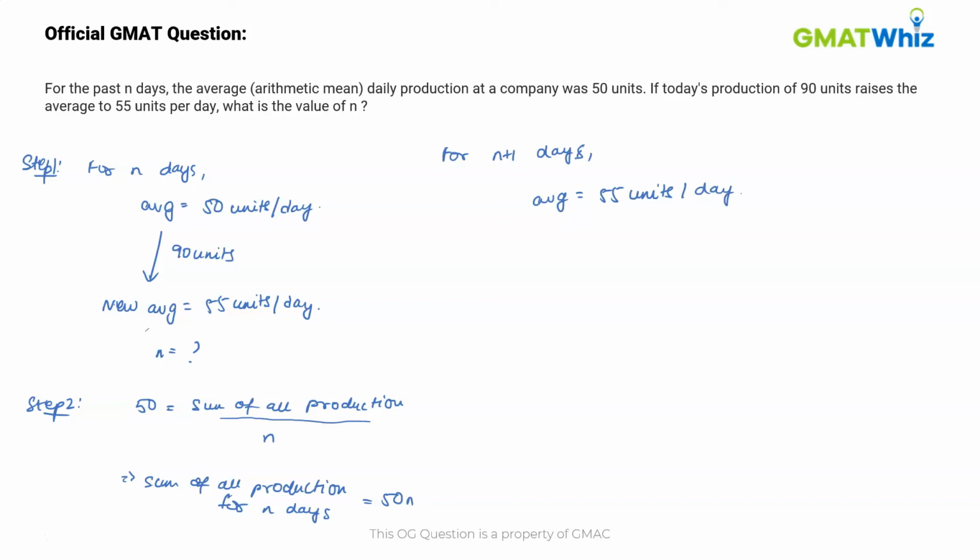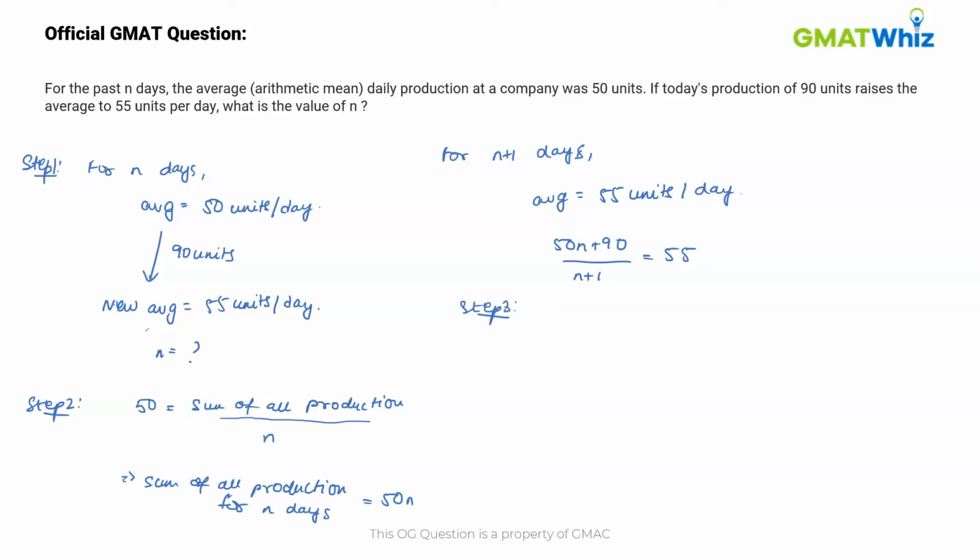Then we have the total of all production, which is 50n plus 90, divided by the number of days, which is n plus 1, will give us the new average, which is equal to 55. Now, we solve this equation in step 3 and find the value of n.